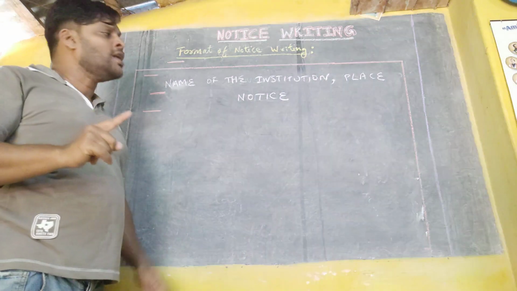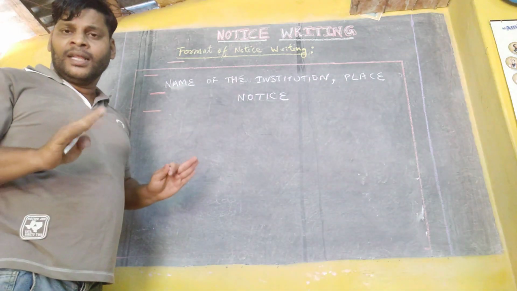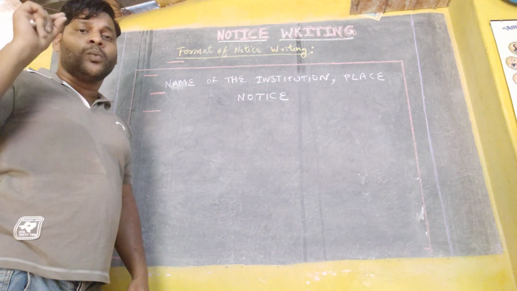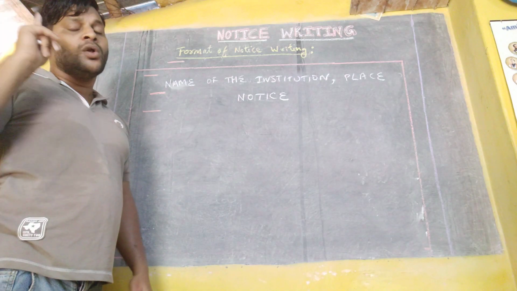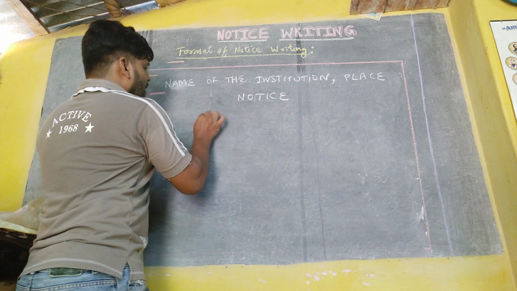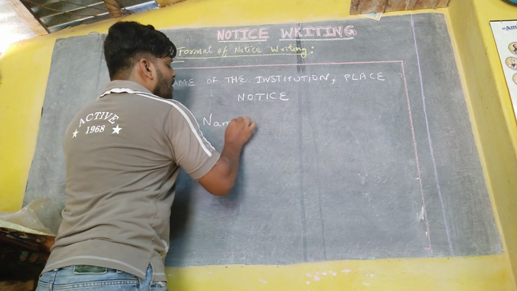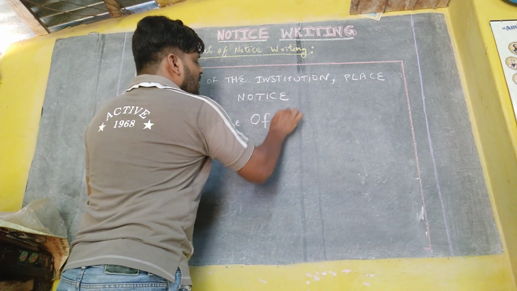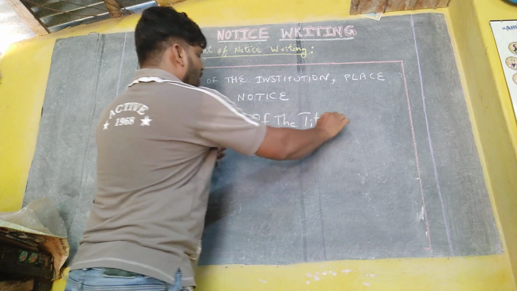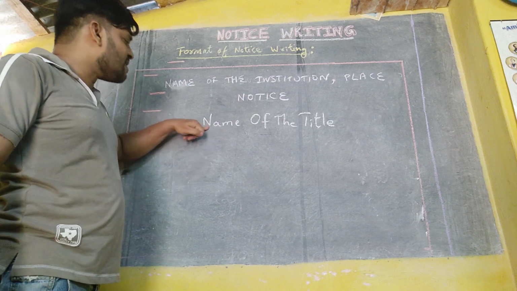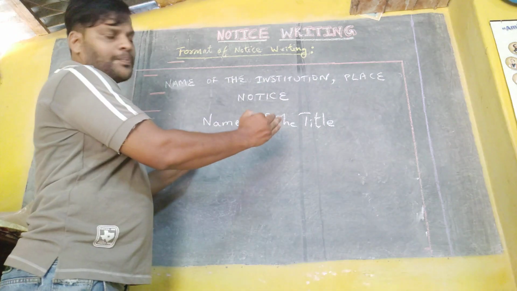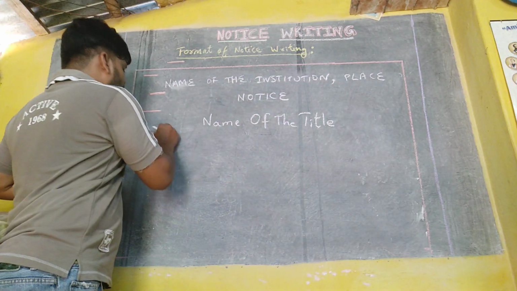Name of the title will not come in capital, but the first letter of each word has to be in capital, at the center. After that, leave one line space.